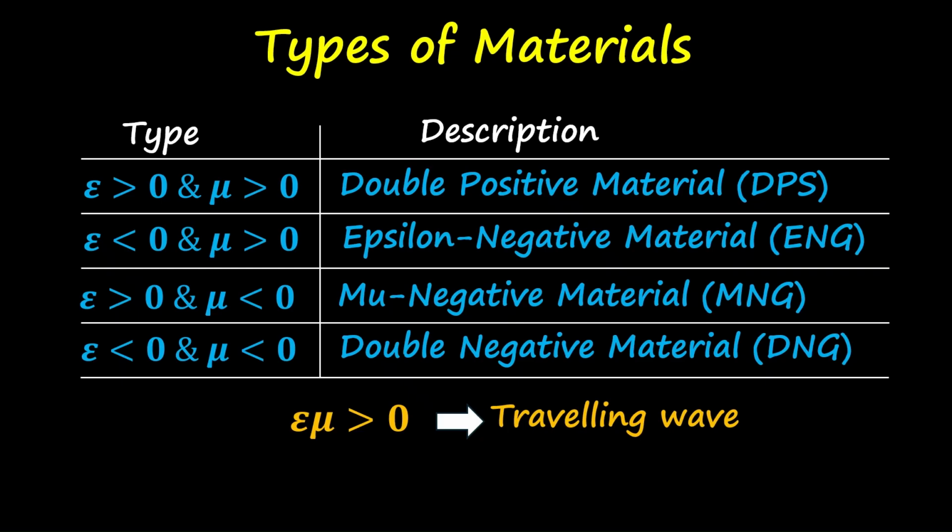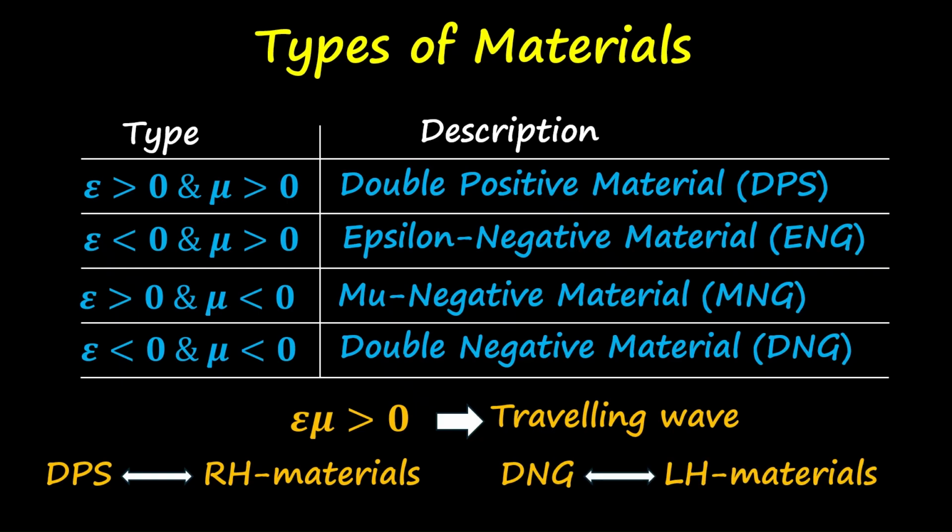So this product of epsilon mu being positive can be obtained for DPS, that is double positive material, and such type of material are called right-handed material, and for double negative we call it left-handed material. Here the right-handed and left-handed is named based on whether the k vector is parallel with the S vector or the k vector is in the opposite direction to the S vector.